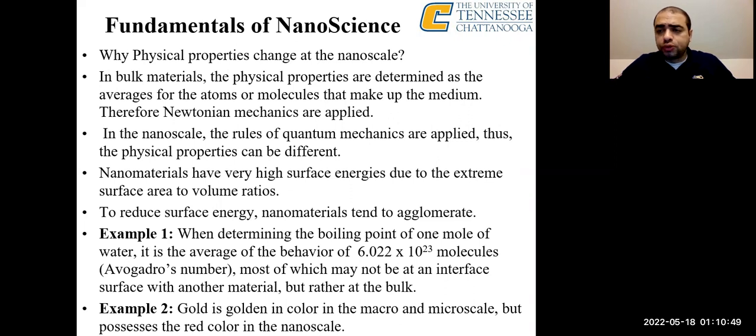Gold is golden in color in bulk, in the macro and micro scale. But if you go to the nanoscale, like colloidal gold particles, the color changes to red. The same thing for colloidal silver. Colloidal silver, depending on the particle size, is yellow, but the bulk silver is silver in color.